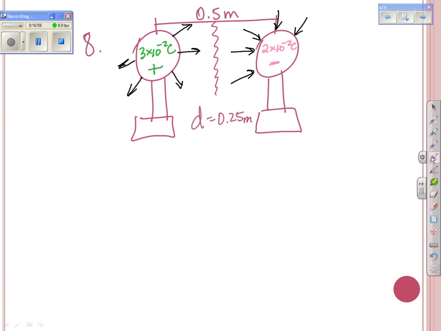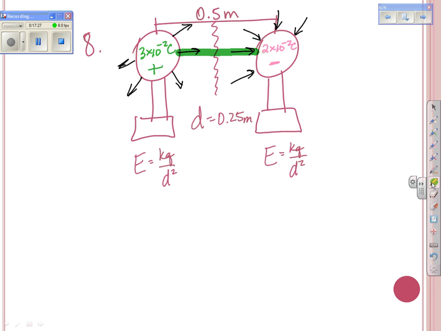I have an electric field over here, and I have an electric field over here. To find electric field, it is kq over d squared, and this one will be kq over d squared as well. Notice we're talking about the middle. Both of those arrows are pointing in the same direction.